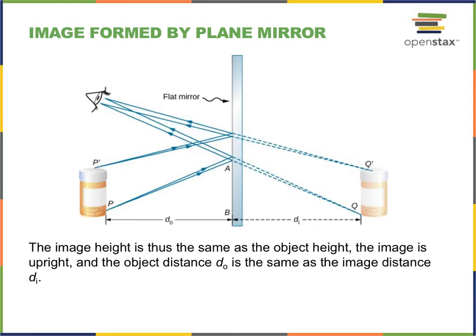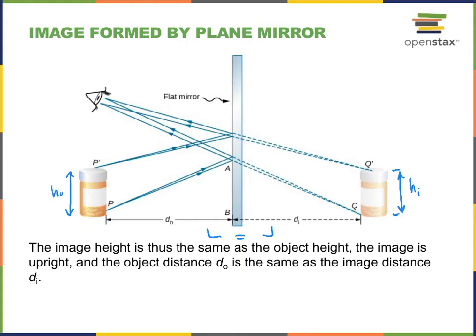Okay, so one of the things I mentioned in the previous slide was that these two distances are equal. That is, the image distance and the object distance are the same. What I didn't mention, but is related, is that the image height and the object height are also the same.